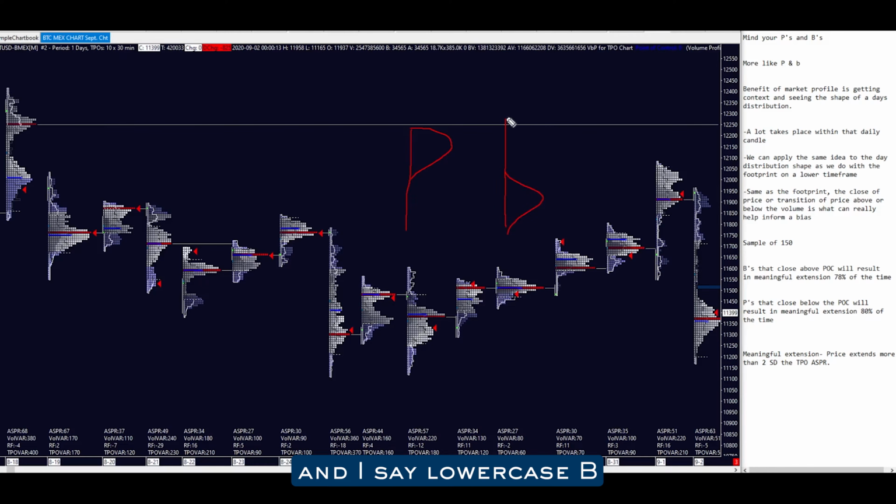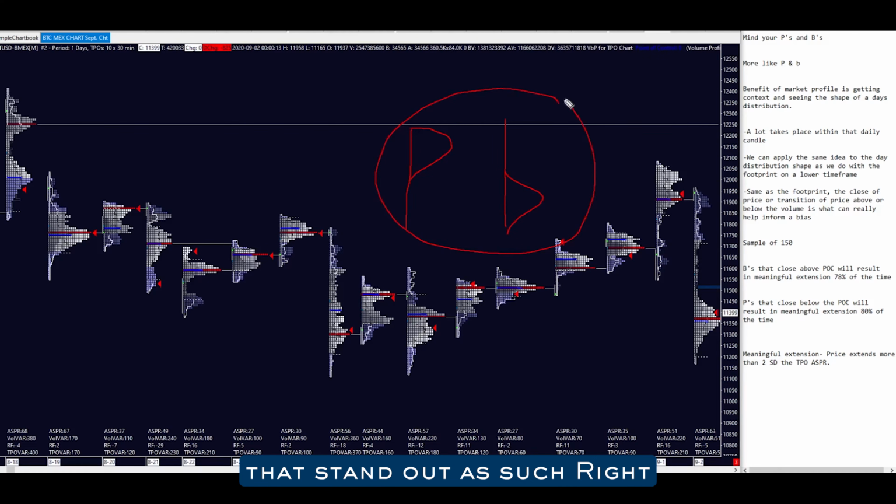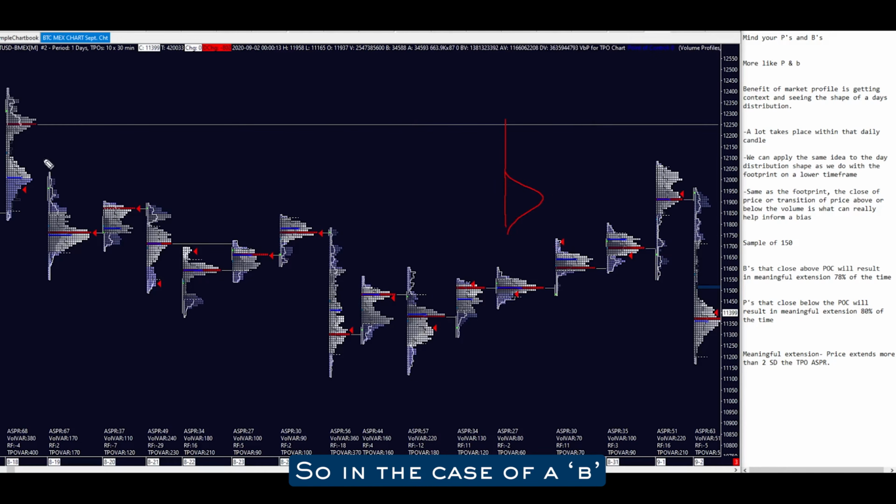And I say lowercase b because you can have profiles that look like this, an uppercase B, and that would be your normal variation. So for this, we're focused on the profiles that stand out as such, in the case of a b and in the case of a p. We have two obvious cases of that right here.